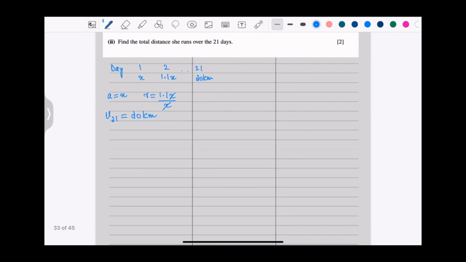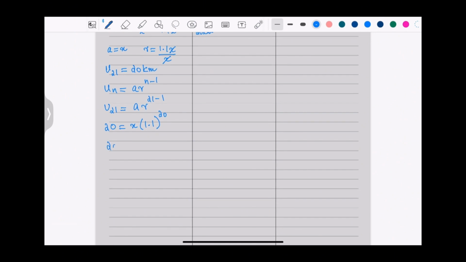We know that u of n is equal to a r to the power n minus 1, and u of 21 is going to be a r to the power 21 minus 1, which turns out to be, instead of a I replace it with x, and instead of r I replace it with 1.1 to the power 20, and the term is 20.